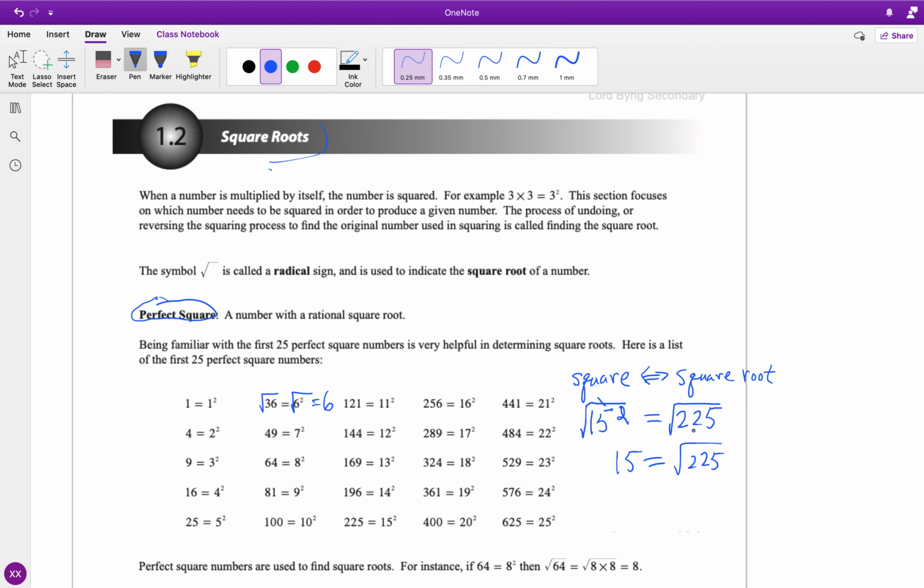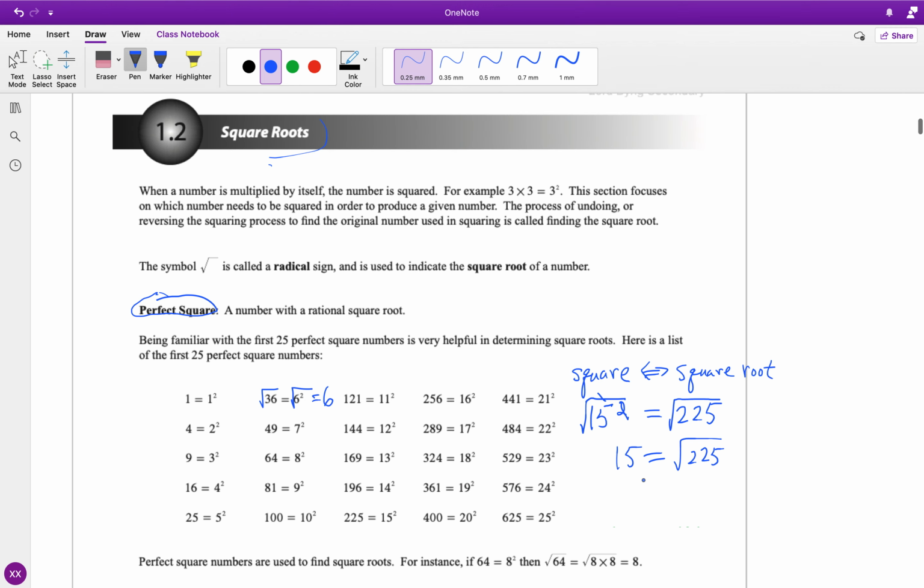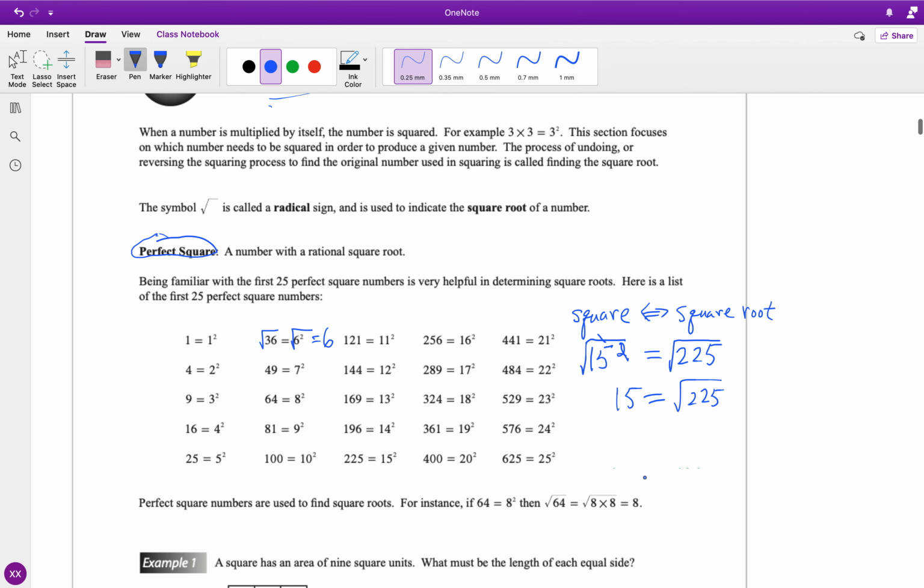In other words, if you know 225 is 15 to the power of 2, or 15 squared, then it's much easier for you to get to 15 right there. But if that's not the case, you can always use a factor tree.